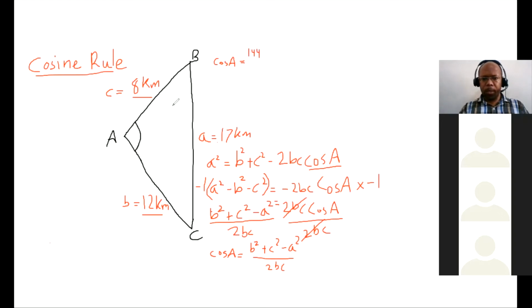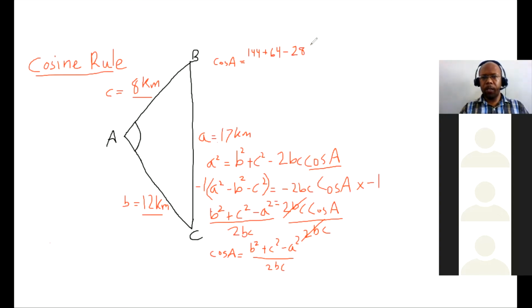The C squared, which is 8 times 8, gives me plus 64. Minus A squared, which is 17 times 17, equals 289.